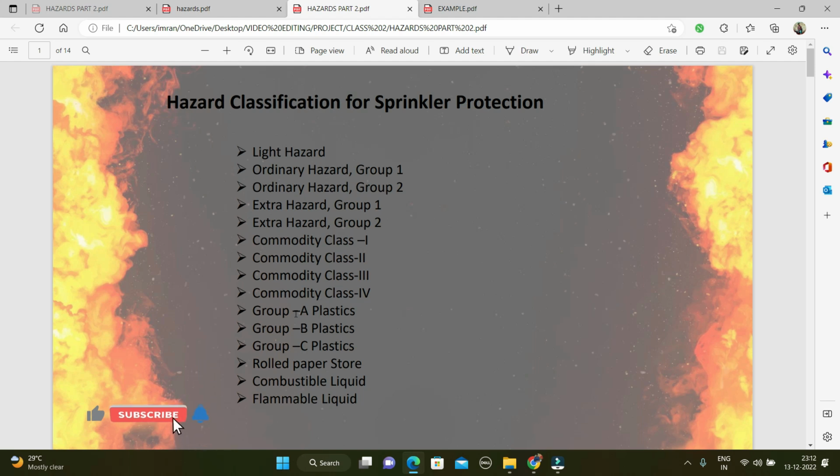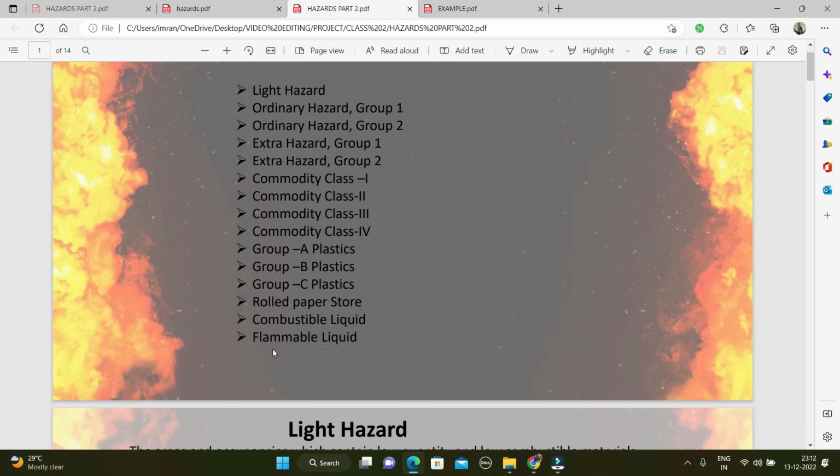So proper selection of hazards, as I already explained before, is very important. Plastic is further divided into three parts: group A plastic, B plastic, C plastic. It differs on the basis of their composition and chemicals.